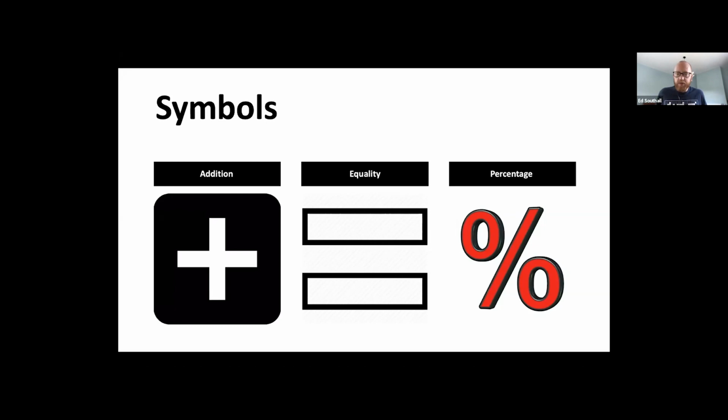One of the most fascinating things about that book is when you start to appreciate the relative youngness of symbols in mathematics. Most of them didn't come in until the 1600s and 1700s, which is really weird to me, but it's true.